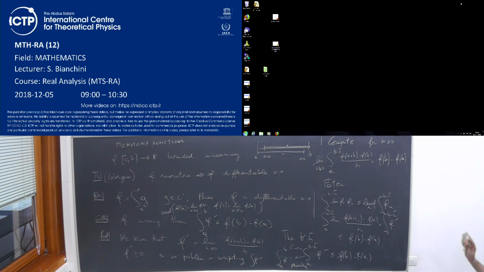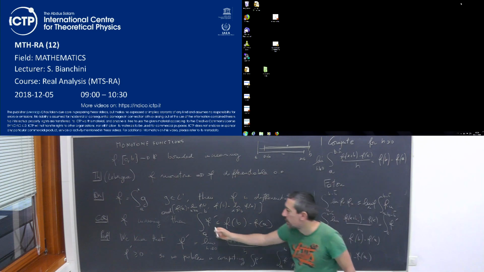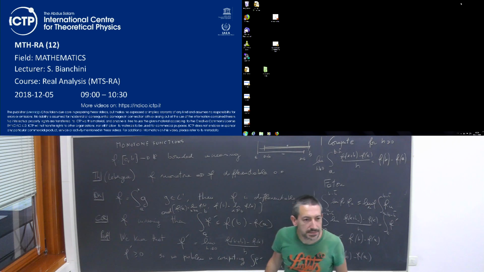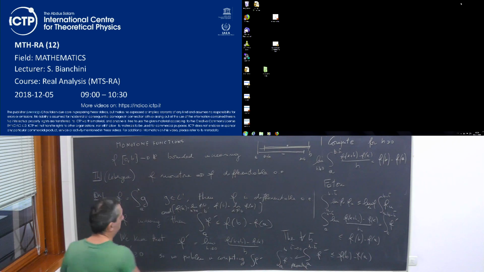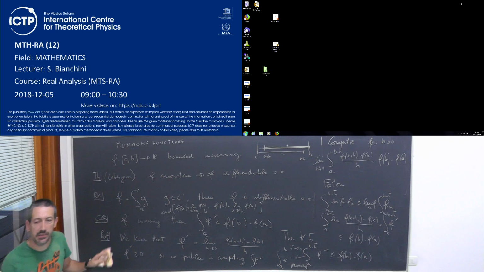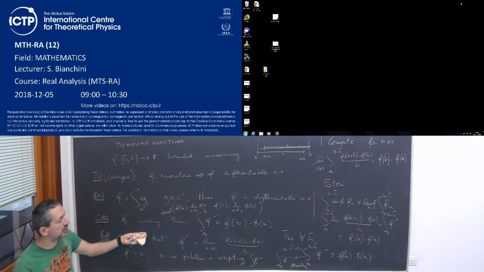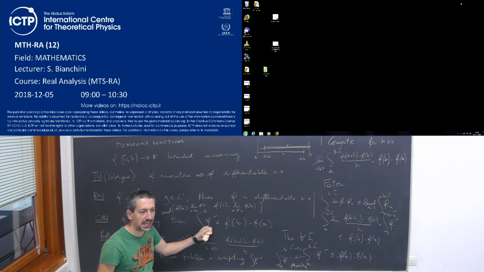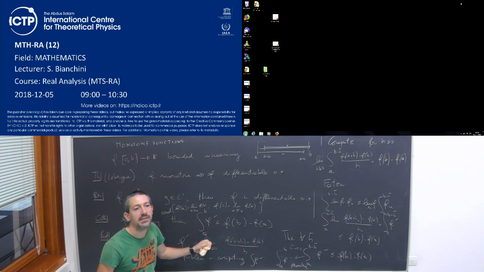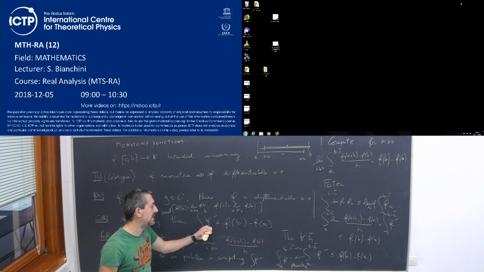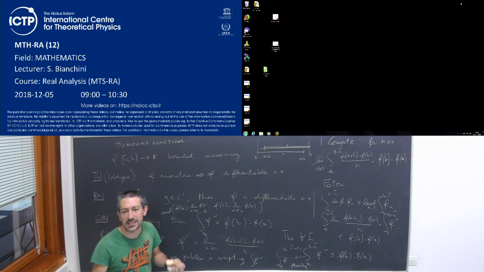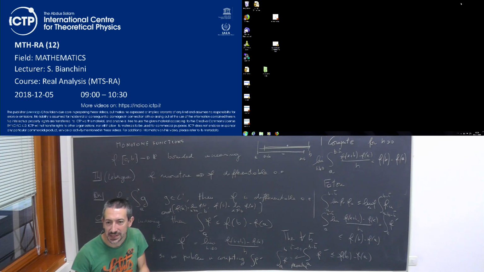So let's rule out immediately something which one may hope holds. If we have the equality, it's done. The theory closes now. If we have the equality, every monotone function is the integral of its derivative, and vice versa. So it means that the difference of two monotone functions is the integral of their derivatives.